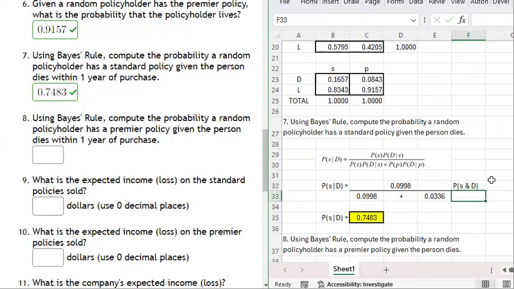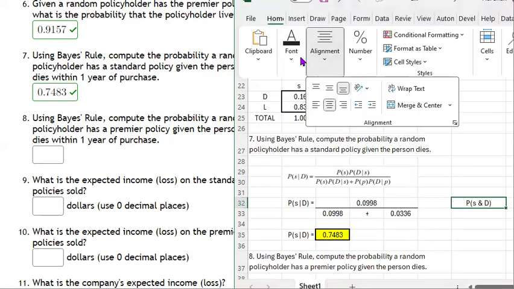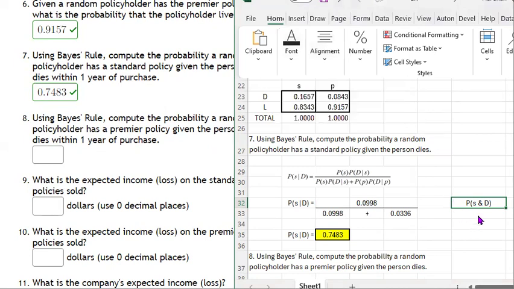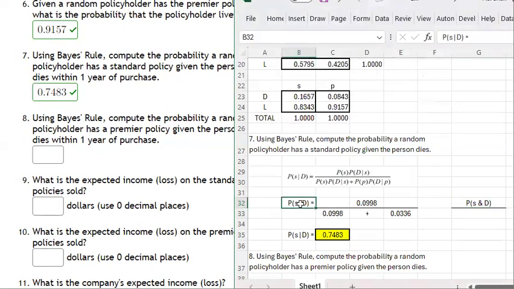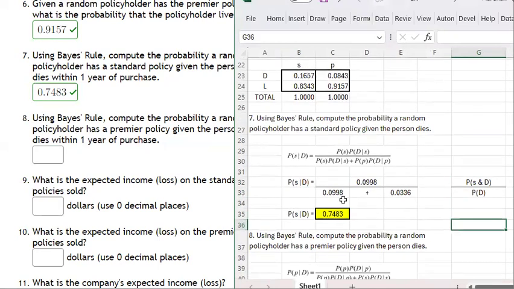The denominator here, by definition, is the probability of D. So these sum to the probability of D. Is that the case? 0.1333. Is that the probability of death?